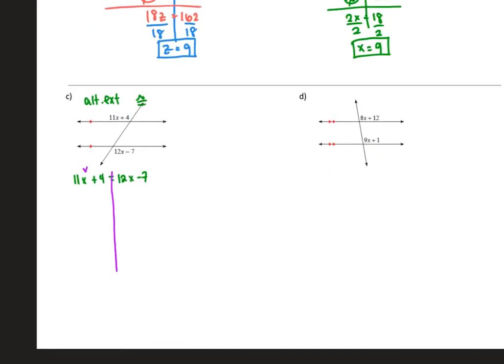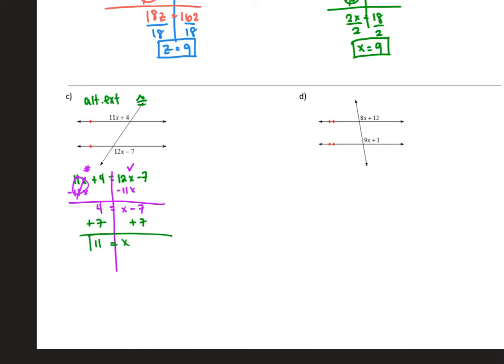So I'm going to move my variables to the right and my numbers on the left. So I'm going to first start off by subtracting 11x. So we have 4 equals x minus 7. And then I'm going to add 7 to both sides.